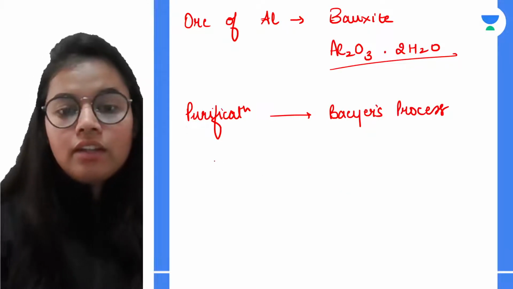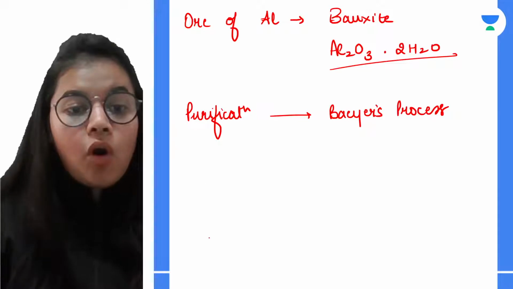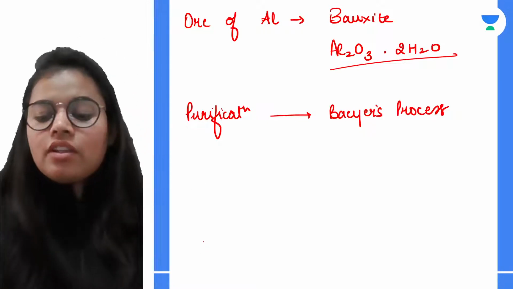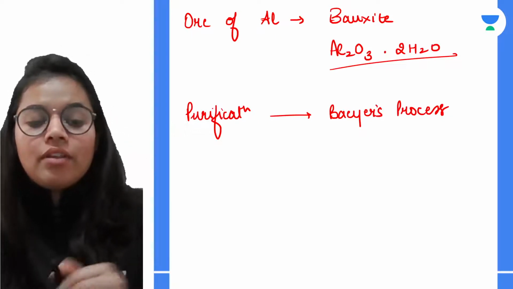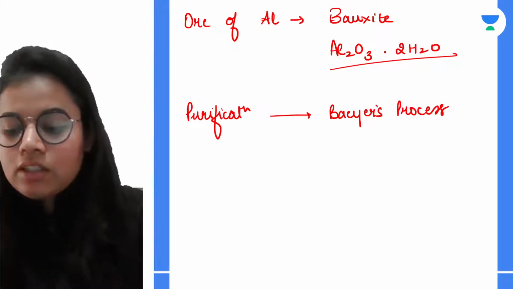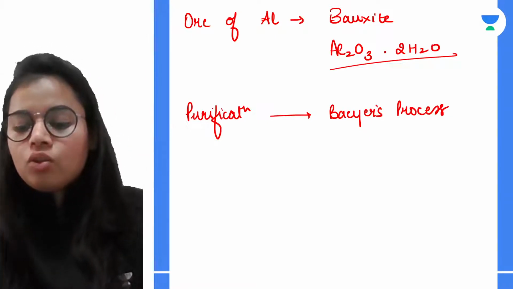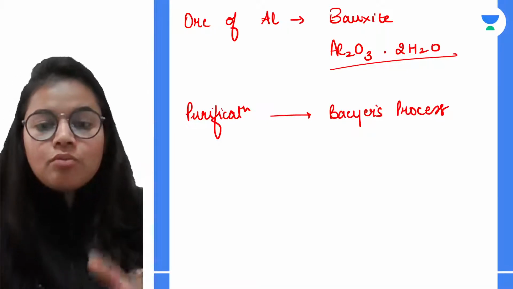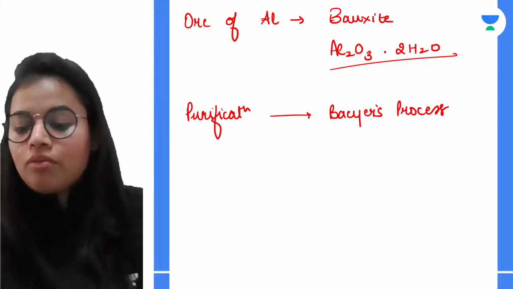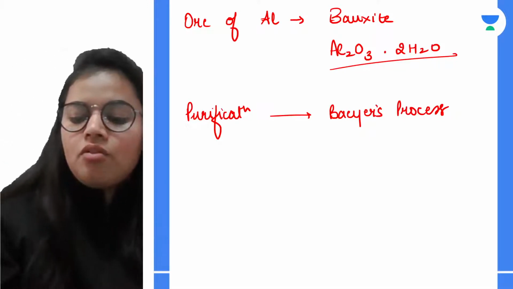And then we have also learnt about Hall-Heroult's process. These are the two processes that we will of course be discussing when we go for the questions. Please try to remember the steps of these processes since they are very important from your examination point of view.